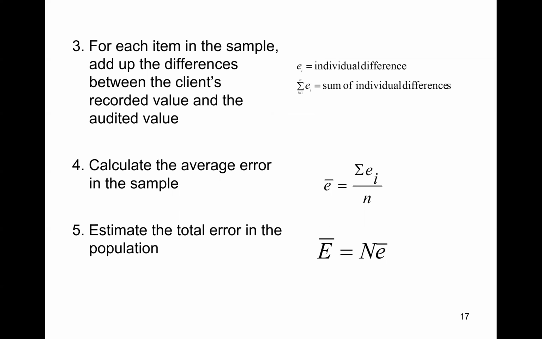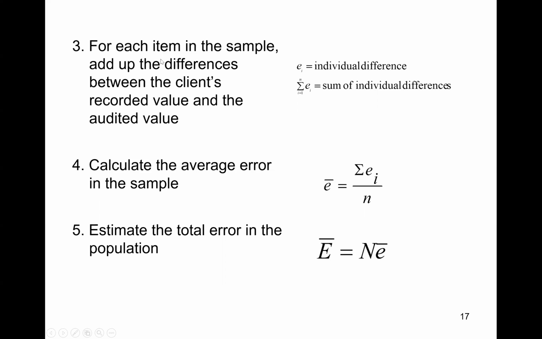Okay, once you've got the sample, then the next thing to do is to actually test the items in your sample to see whether there are any errors. And if there are errors, then you're going to add those errors up, right? So that you come up with an overall sample error. So these errors I've labeled with the letter E. I've called this an individual difference, right?